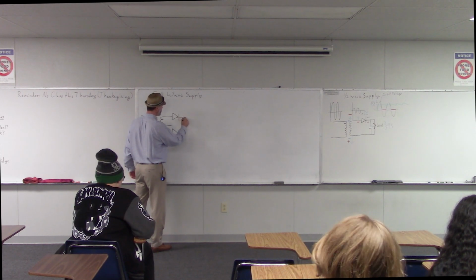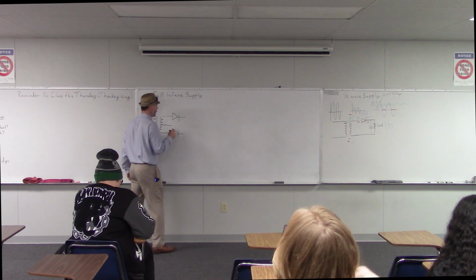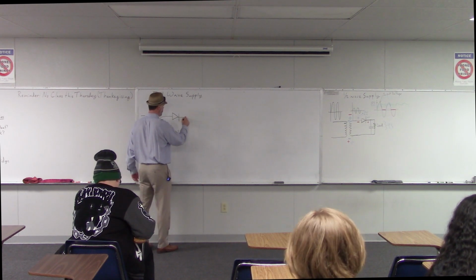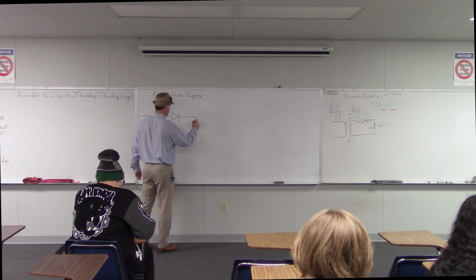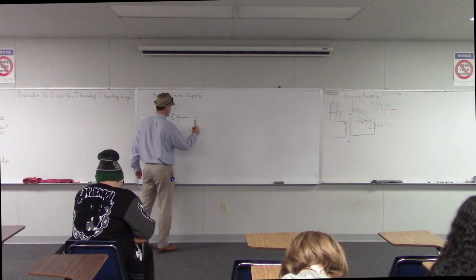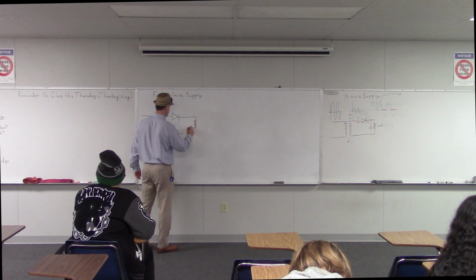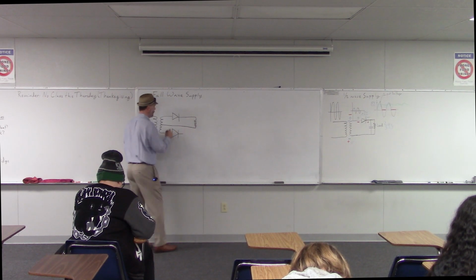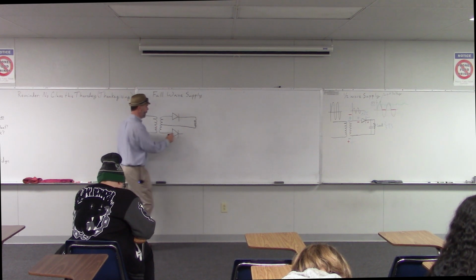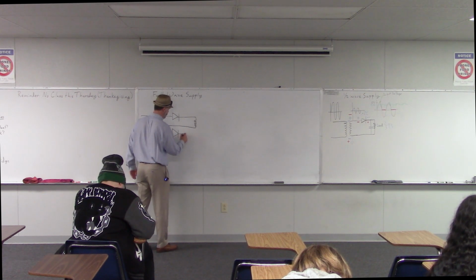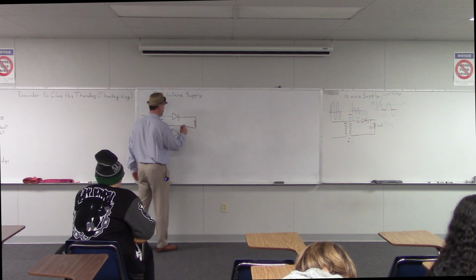And with the full wave supply, we have our load over here, and then that goes back to our center tap. And from the bottom, this bottom wire comes up. It does not connect there.